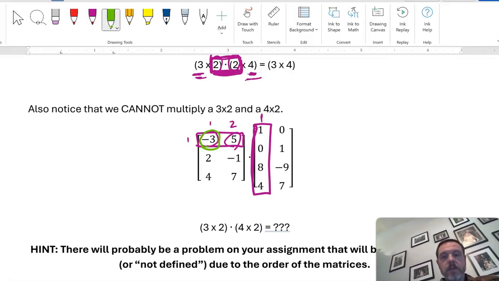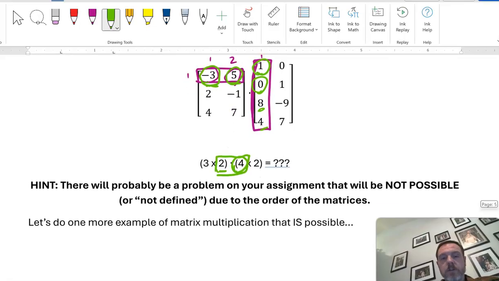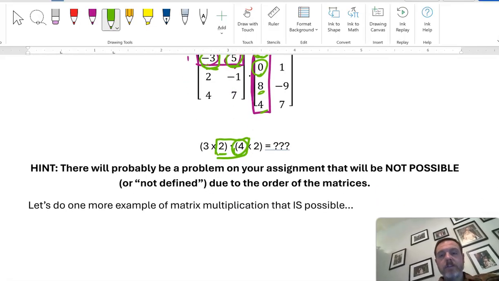I can take that -3 times the 1 for the first one, the 5 times the 0, but that's all I got. It's the only elements I got in the rows, and I have these 2 extra elements in the columns I can't do anything with. So that's not going to work. And you kind of see how, oh, there's 2 here, but there's 4 here. That doesn't match. That's not going to work. Okay, so you cannot do that matrix multiplication.